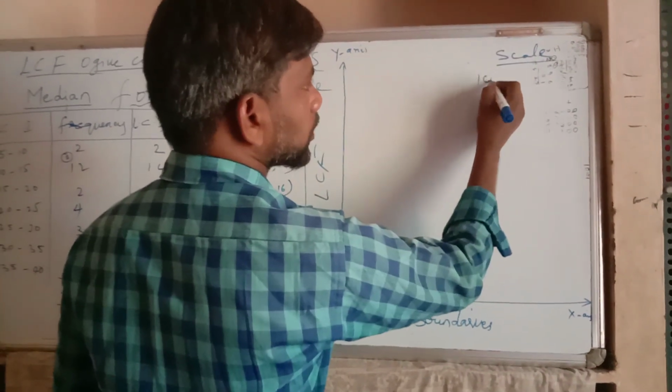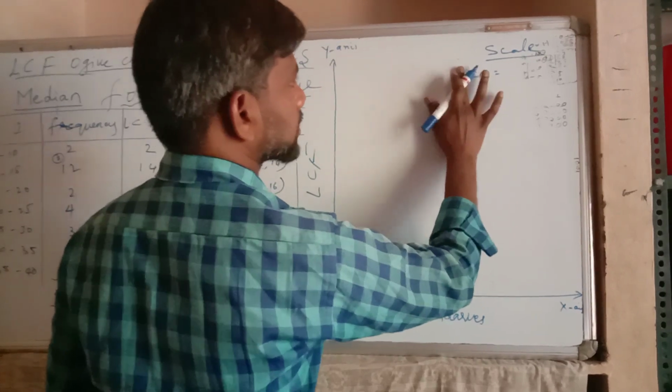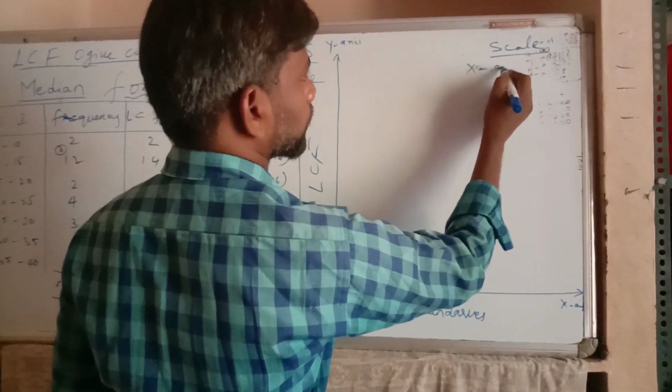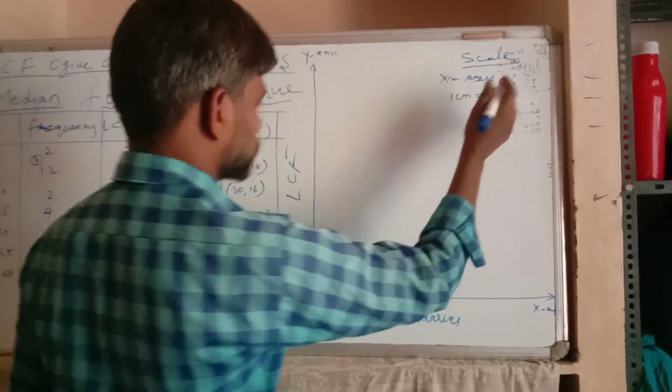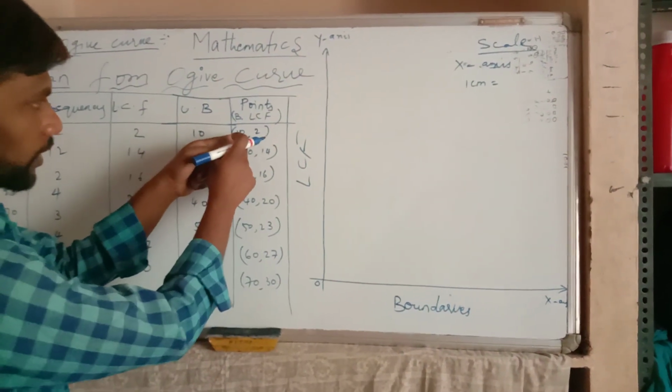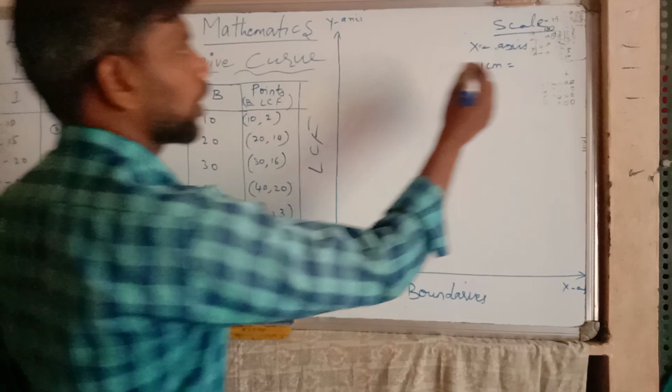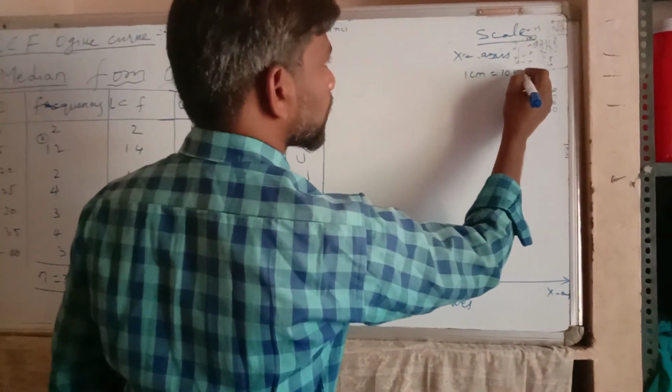Here 1 centimeter is equal to, on the x-axis you are getting 10, 20, 30, 40, so I am considering 10 units.